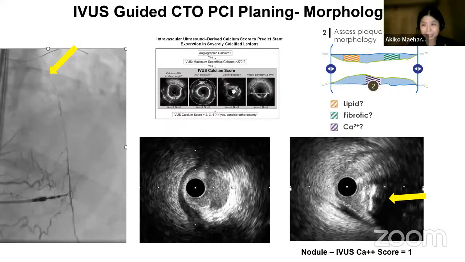So it's really important after a CTO procedure, when you are subintimal, that the calcium in the plaque always looks like a calcified nodule. I'm not sure that was one, because we are just looking at the deep side of the calcium in the plaque.